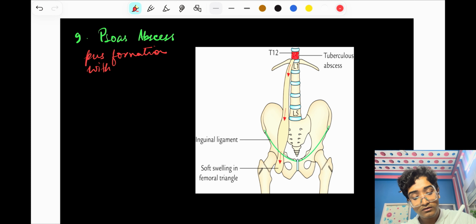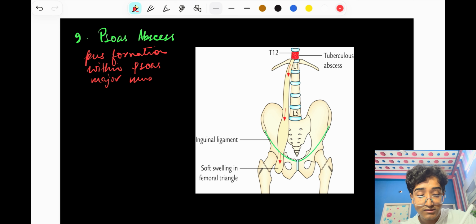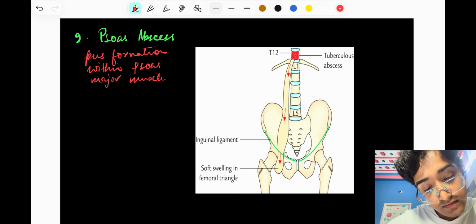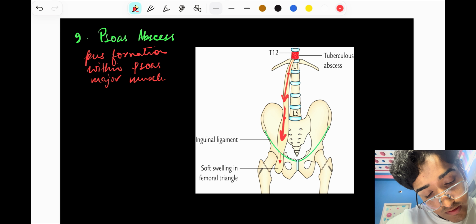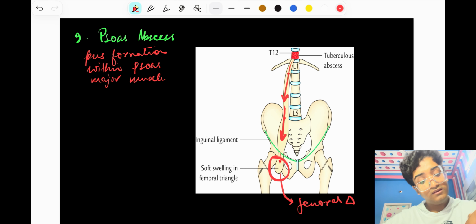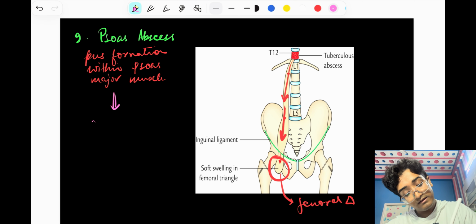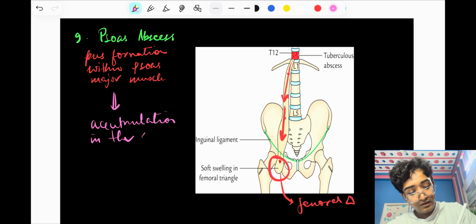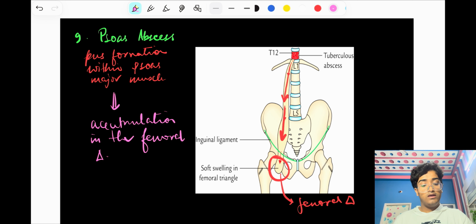The psoas major muscle originates from the lumbar vertebra, and there is formation of pus, which then gets drained into the femoral triangle and accumulates there.